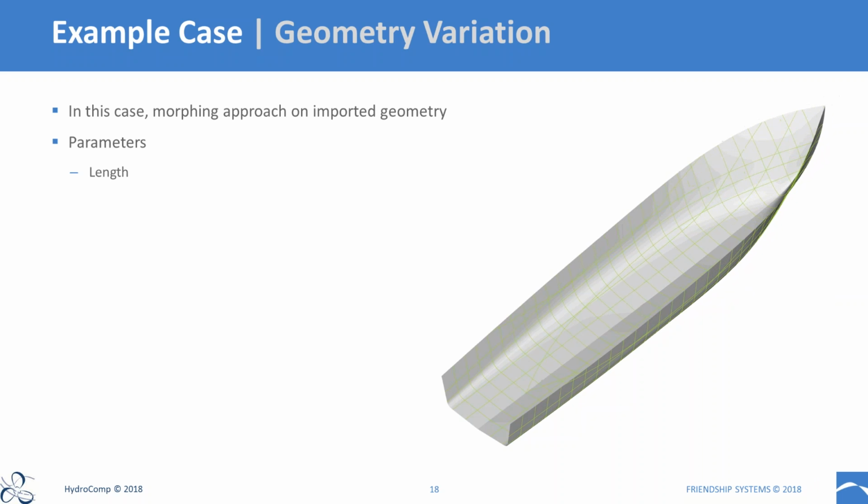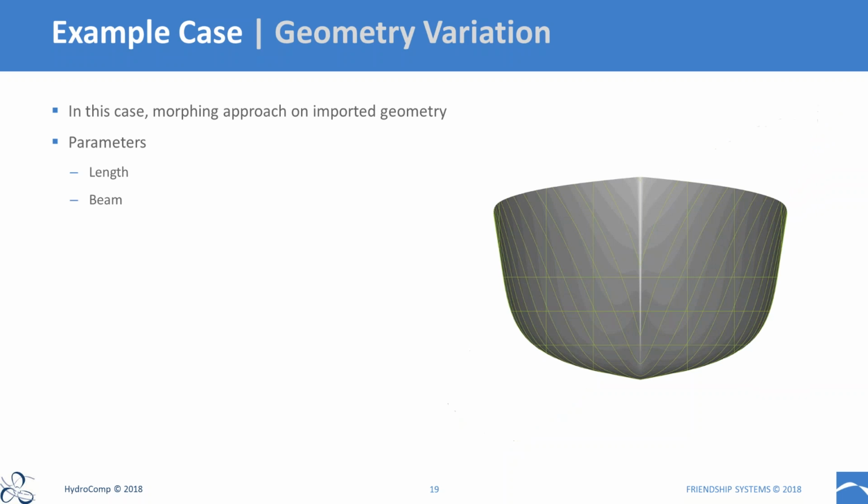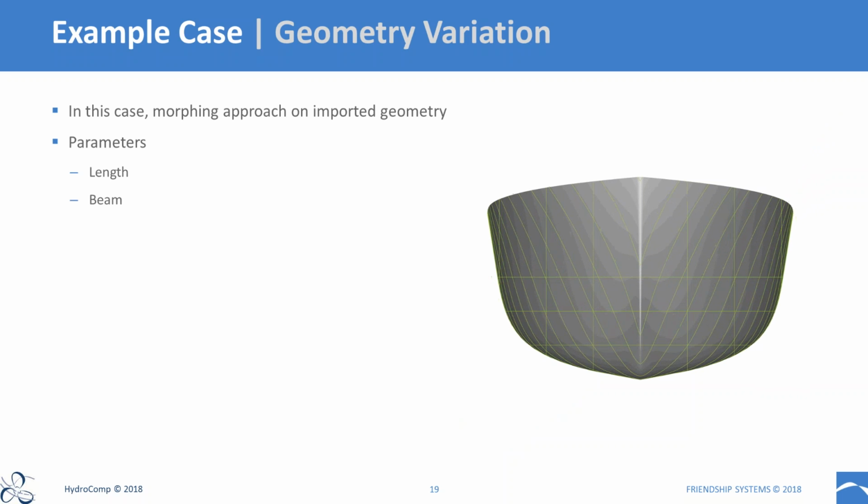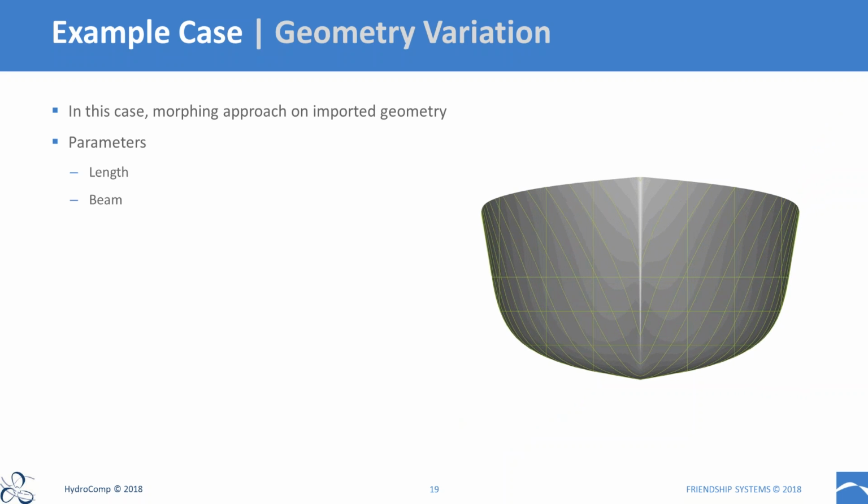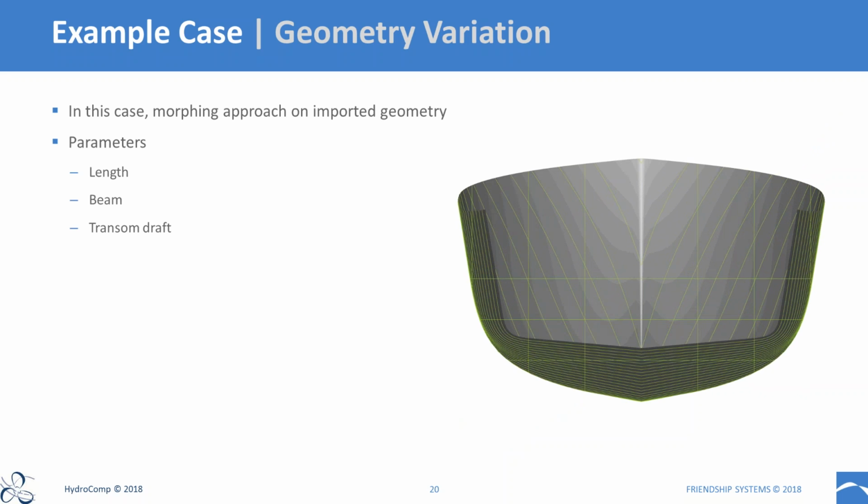The first is length. So this is basically a simple scaling of the geometry in longitudinal direction. Then we have the ability to change the beam of the vessel. So also sort of scaling in transverse direction.